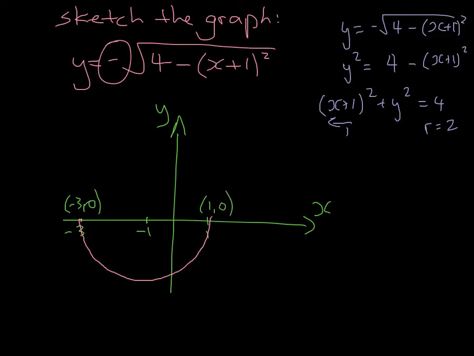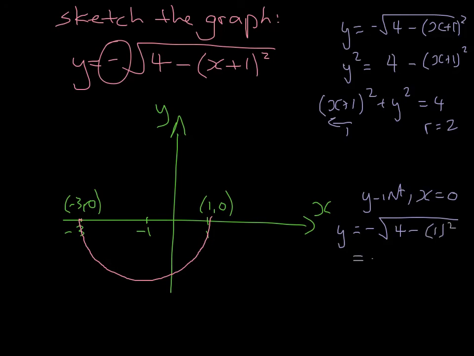And now to work out what our y-intercept is going to be. For the y-intercept, you always make x equal to 0. So y will be equal to -√ of 4 take away, x is equal to 0, so this is just going to be 1 squared.